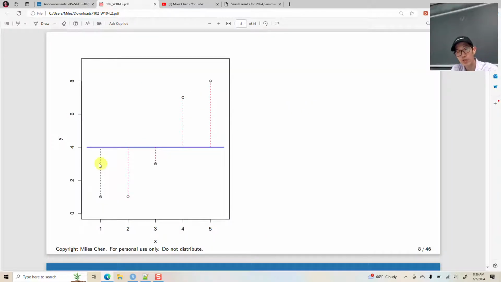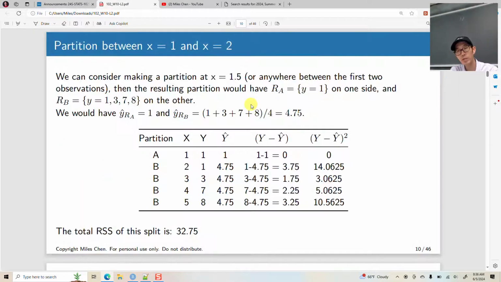So we sort all of our x values in order from least to greatest. Here's a picture of the values: y is 1, 1, 3, 7, and 8, where our x's are 1, 2, 3, 4, 5. Right now our mean is 4, so our residuals balance out, and when we square our residuals, we get 44. We're going to consider all possible partitions.